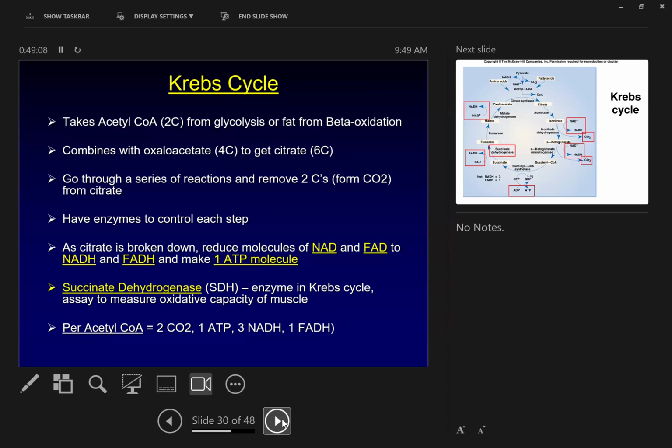People would look at the amount of this SDH enzyme to determine how many mitochondria are in individual muscle fibers. Why would you stain for that enzyme and not the rate limiting one or one of the others? I don't know. It's just because we did.